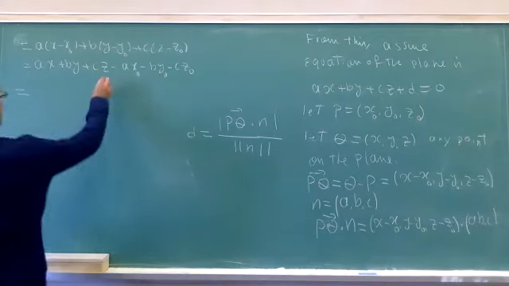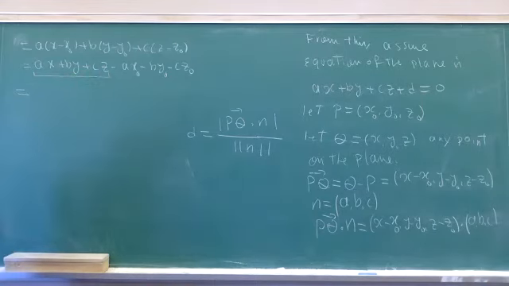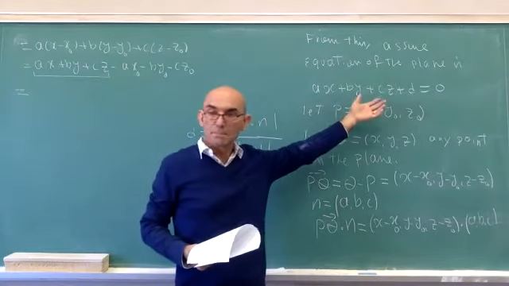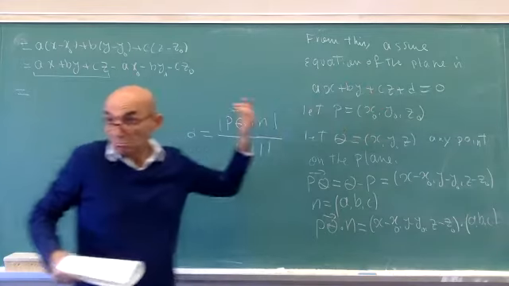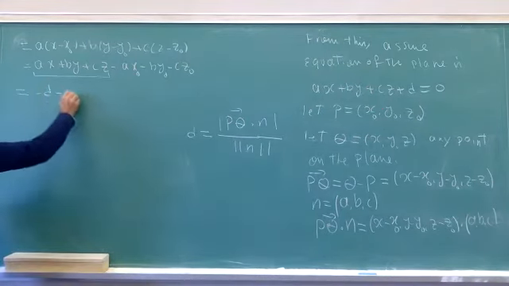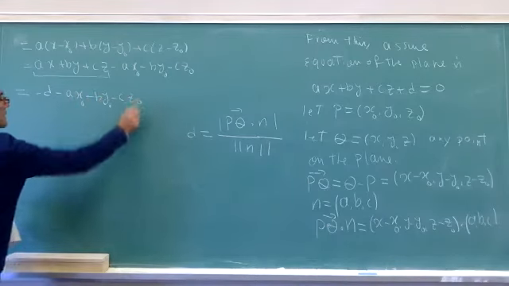So this is then equal to... can you tell me what this number is? Well, we have it here. Minus d, yeah, that's minus d. So that's equal to negative d, negative ax0, negative by0, negative cz0.